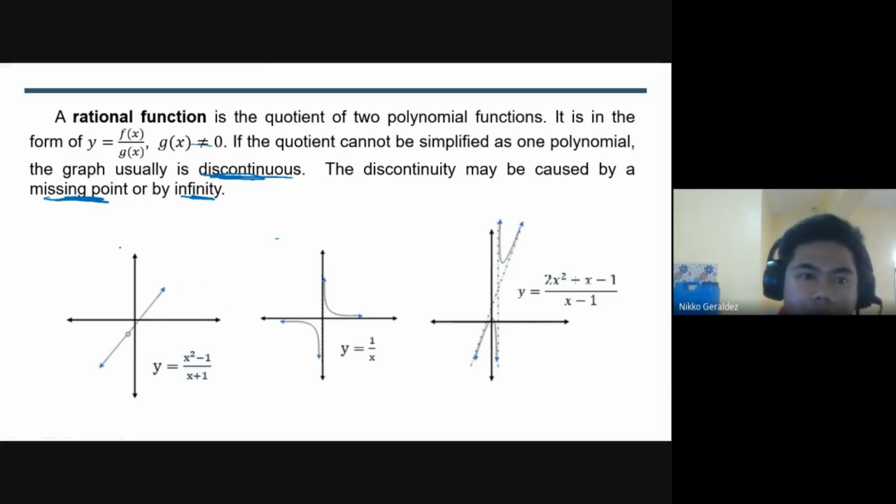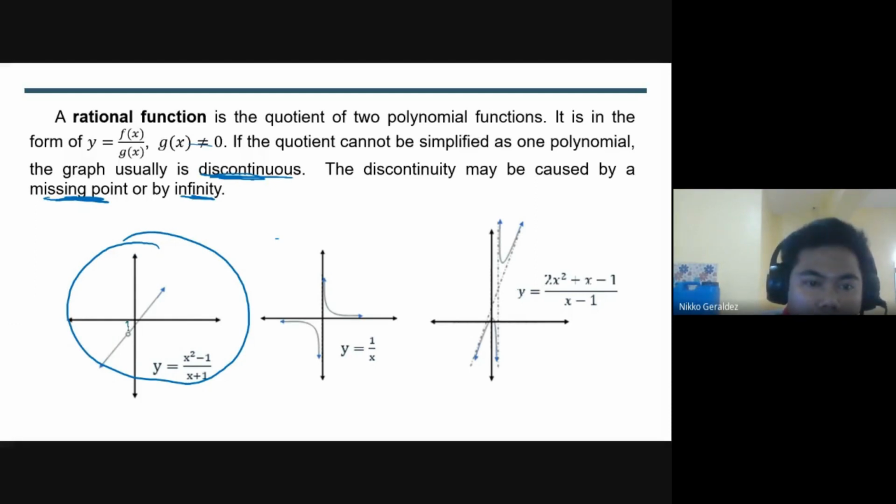Example of a missing point discontinuity: in the first graph, we see an open circle. This means that at that value of x, the function is undefined.